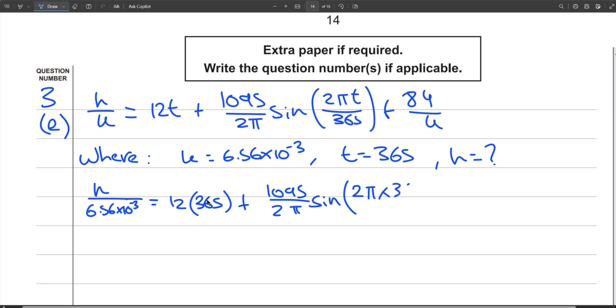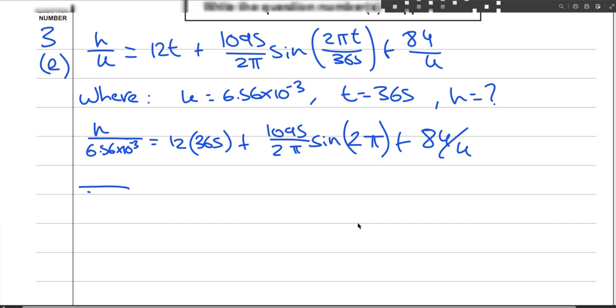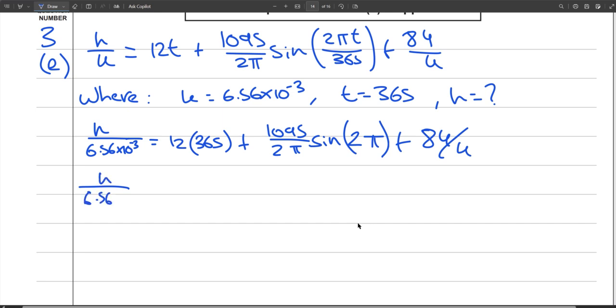times 3, sine of 2 pi plus 84 on k, and sine of 2 pi is just 0, so this term will just go to 0.